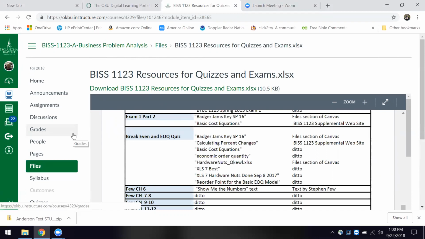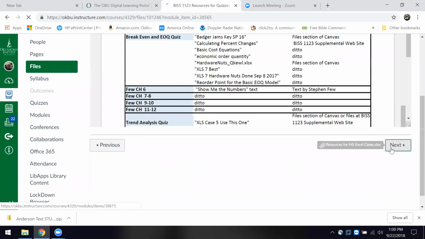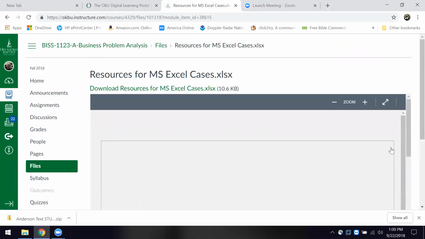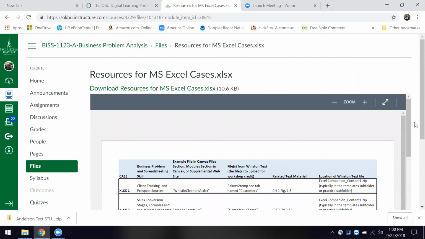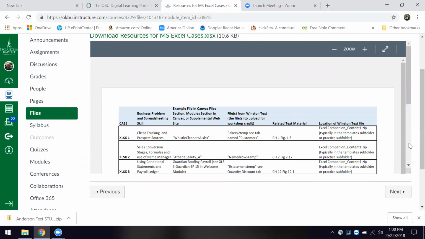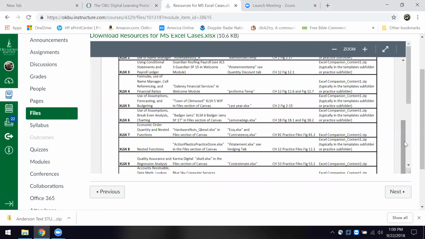Now, let's go on over, and I'm going to take a look at the resources for the cases, all right? And let's scroll down here. The resources for case number 7, and that's the hardware nuts, I give them some names, don't I? That's the example file.